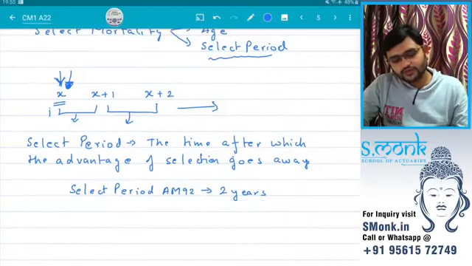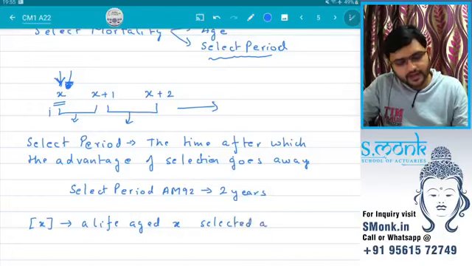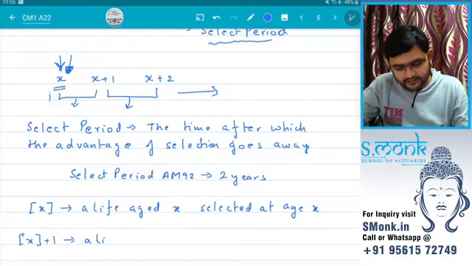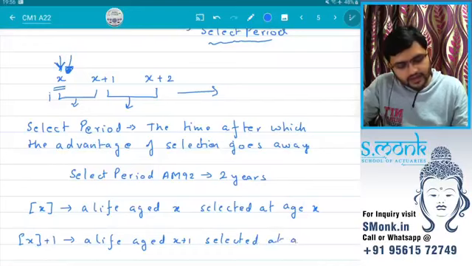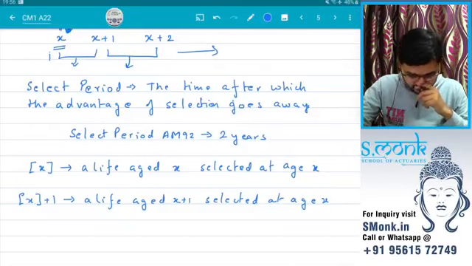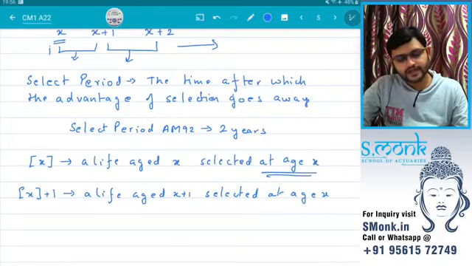Okay. So we show that with select X, this bracket X, this would be a life aged X selected at age X. If I show select X plus 1, this would be a life aged X plus 1 selected at age X. So right now the person is X plus 1, but the person was selected at age X. So a life aged X selected at age X, we will represent like this.